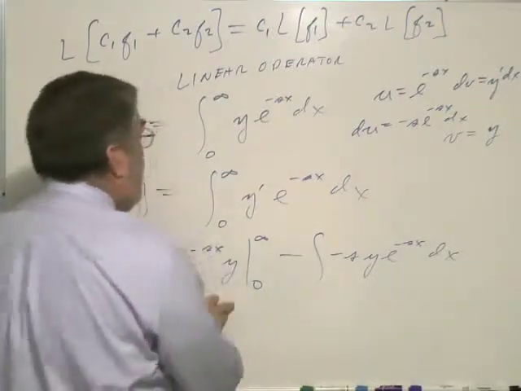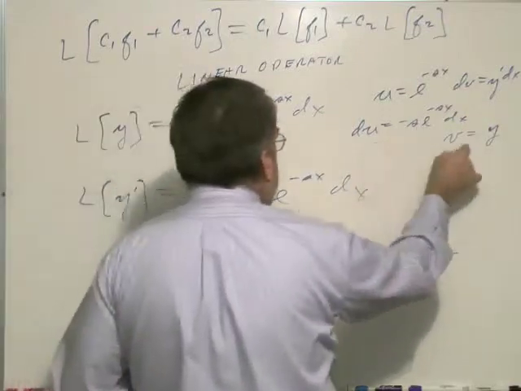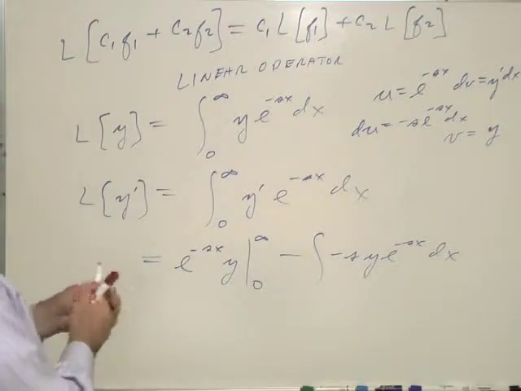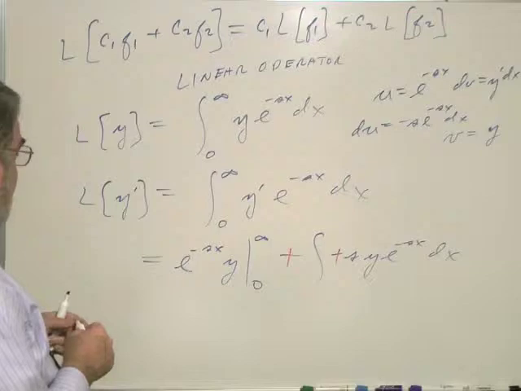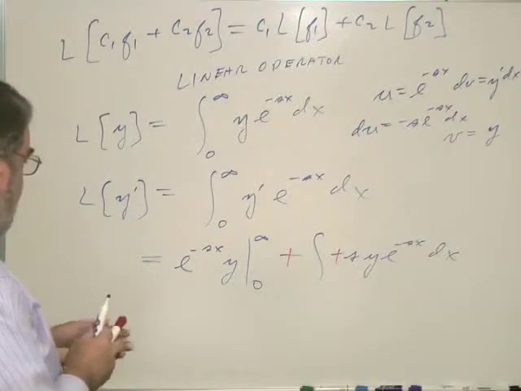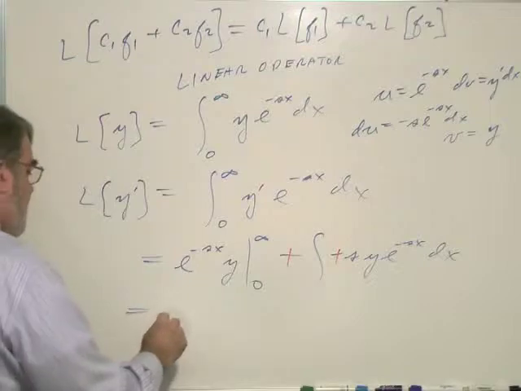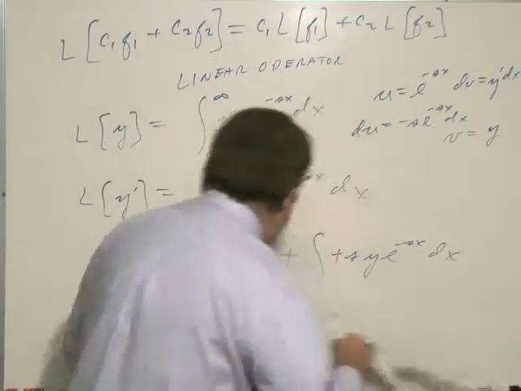So here is u times v minus the integral of v du. Well, let's see. That negative cancels, that's the easy part. Over here, I'll write it out the way you're supposed to.